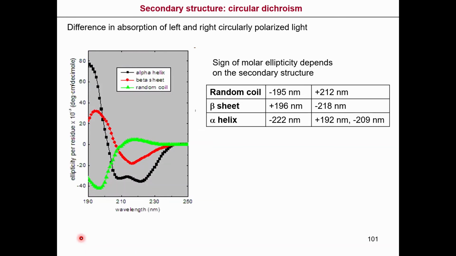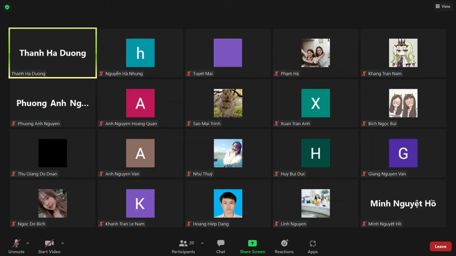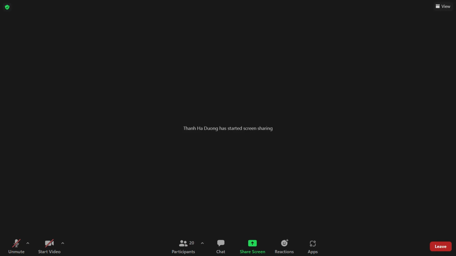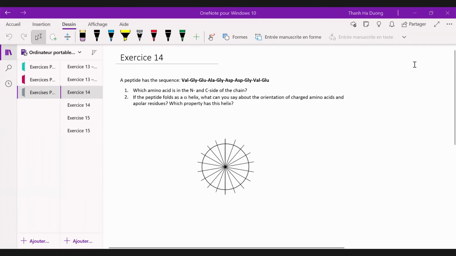So we will finish with an exercise. You can read exercise 14.